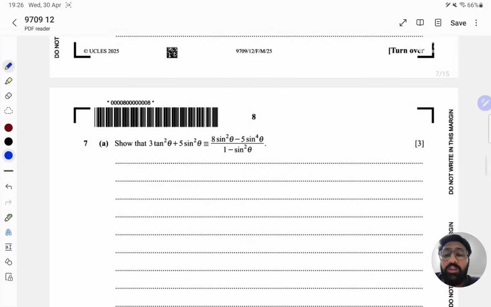Question number 7. Show that 3 tan square theta plus 5 sin square theta is equal to this. So let's take the left hand side, and instead of tan theta we will convert it into sin theta over cos theta. So it will become 3 bracket sin square theta divided by cos square theta plus 5 sin square theta.